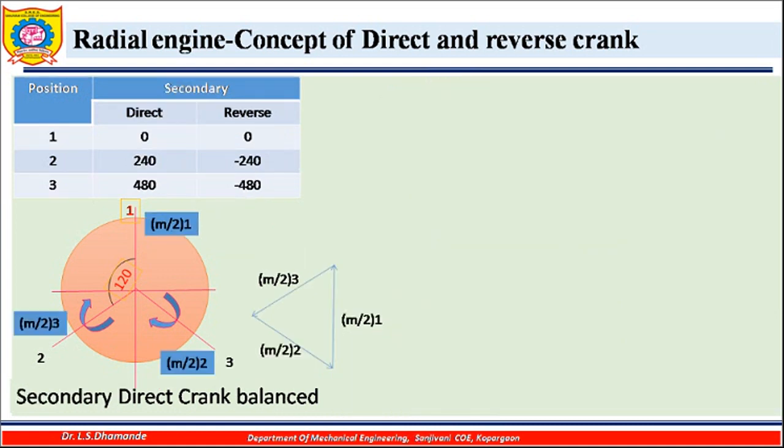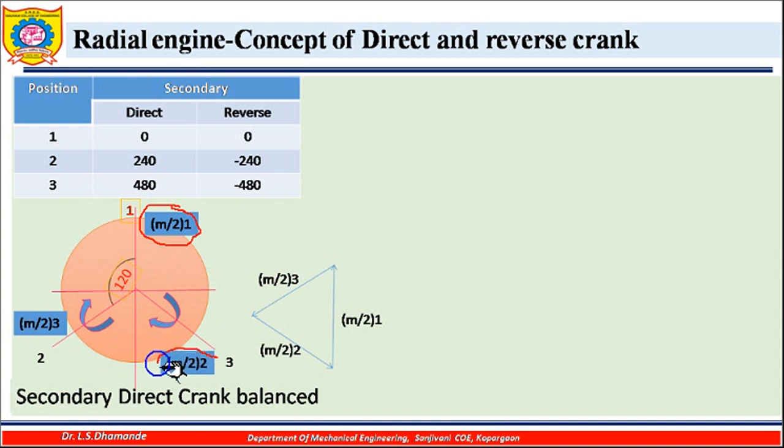Now we'll talk about the secondary force. In this case, the angular positions of the secondary cranks are marked in this table. This is the line of action of the first cylinder, and this is the zero angle, so my mass m by 2 will be lying over here. Now 240 degree is the line of action of the second cylinder, so from here 240 degree clockwise. This is 120 up to this, and again up to this one.